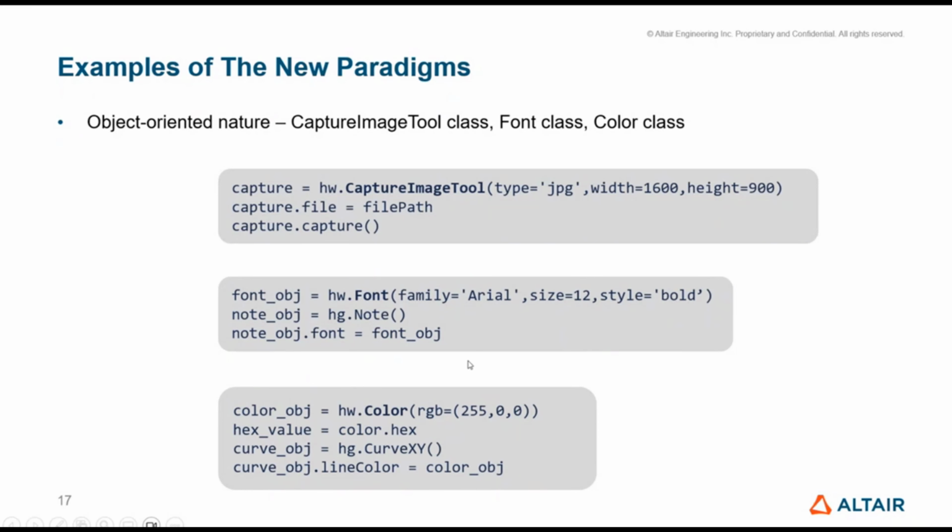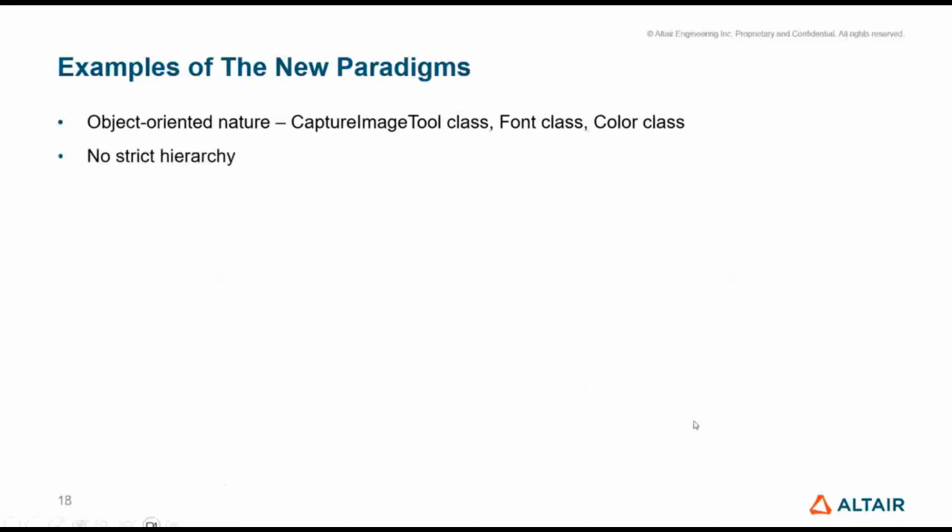I would also like to highlight here on the bottom snippet that a color class, as it's been designed, is very, very useful for also converting the color values. So although we defined a color as a set of RGB values, we can then query the hex value. You can also query the BGR if you want, and at the end, use it as the assignment of the line color.